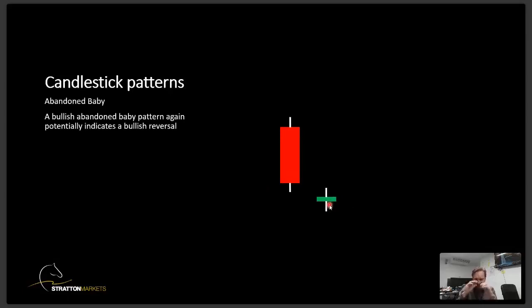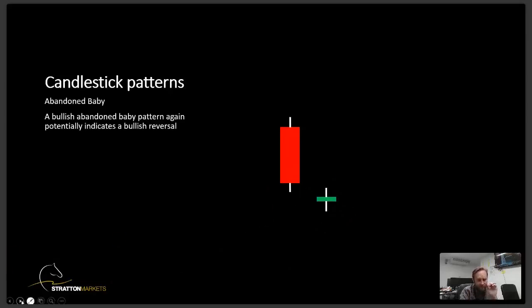So instead of having a large body like you have on this candle here, you have a small body, more like this here. Again, the wick, the high and the low, has to be pretty thin, pretty close together, showing that the market is rethinking things, hasn't quite decided what to do, is uncertain. But this indicates that potentially the market sell-off has stopped. The bulls are considering their options and are likely to jump in again.